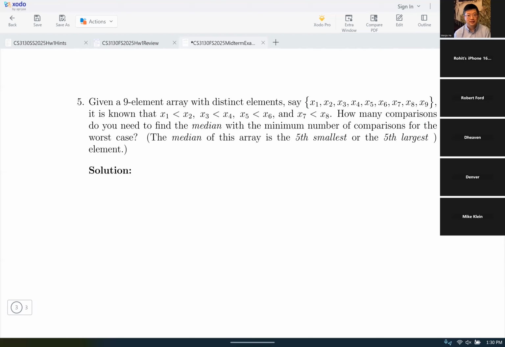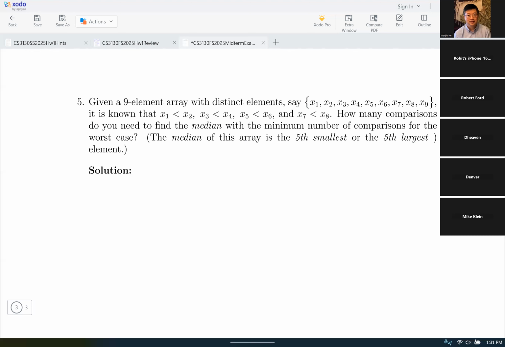In my recording machine, let me double check it. The last one is very hard. Very hard. Answer: 12. Sorry, not 10. 12.